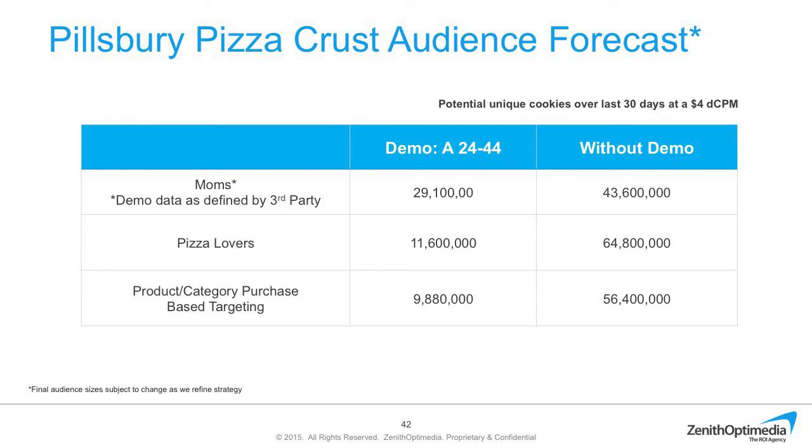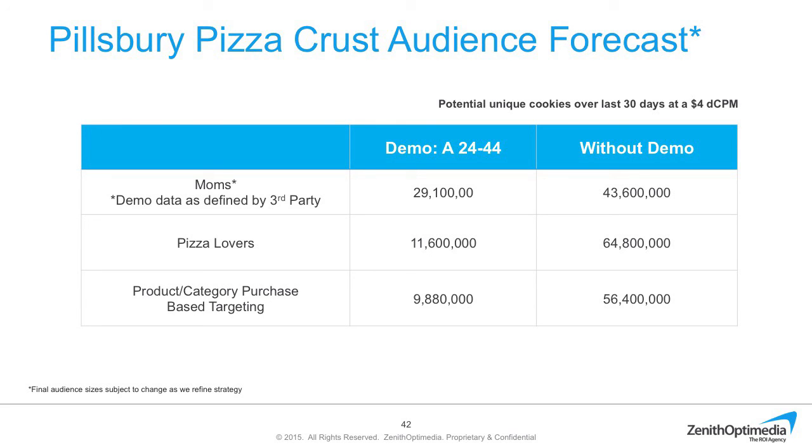If you do want to add them in, or it is a must-have for the client, you can see here what happens to the scalability for a particular segment. For moms, we had over 43 million potential cookies over 30 days for just moms, but once we added in ages 24 to 44, we brought that down almost by a quarter to 30,000.